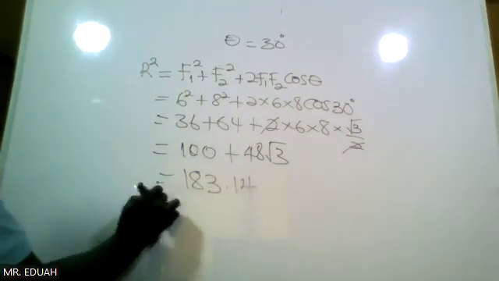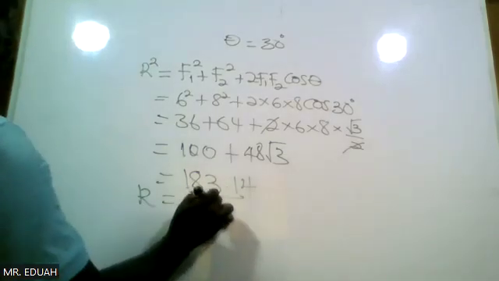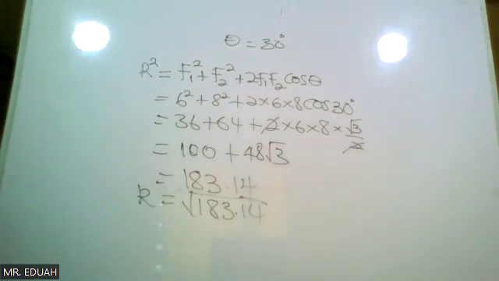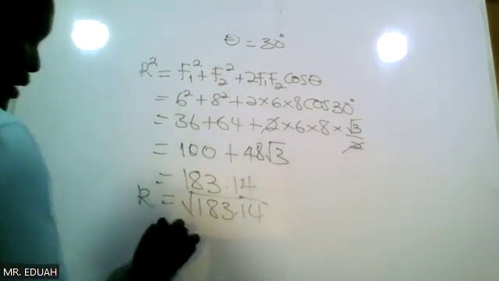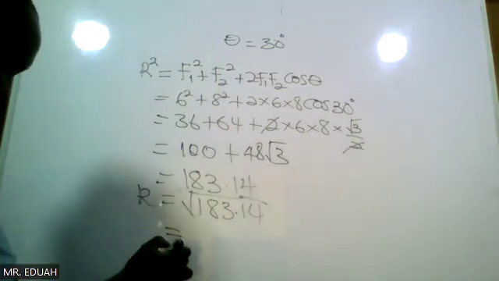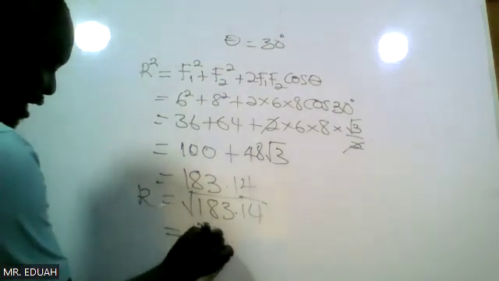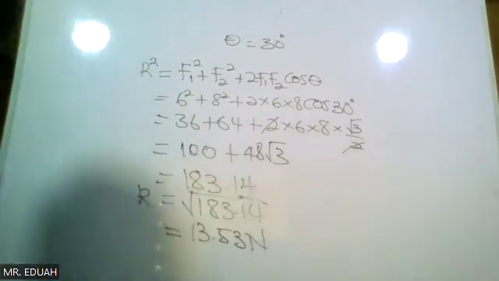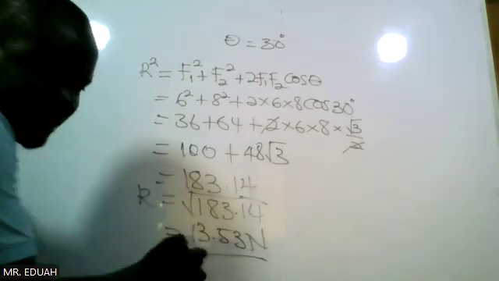Therefore, R will be equal to the square root of 183.14. What's the answer? Square root of that. Because of you people who have gone to buy a calculator, your responses delayed me. I'm not happy with that at all. So this is the answer.